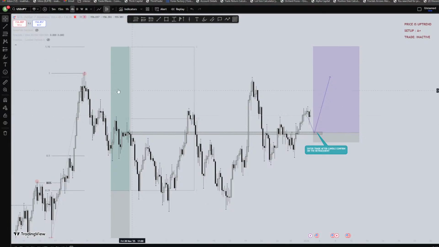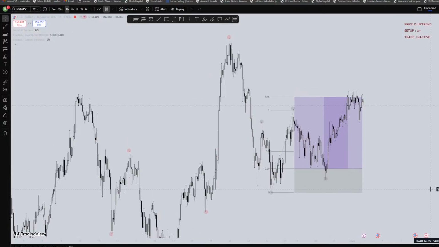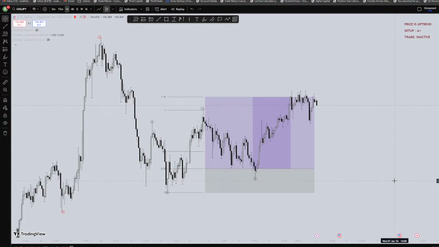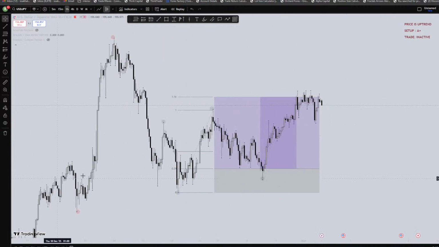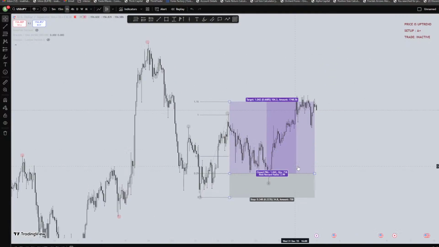Even if you're looking for a 4-hour higher time frame level, you can try and hit that, but we just like looking at it per time frame. So not multi-time frame. That is not the idea. The idea is to find the setup in the current time frame, then you take the trade.